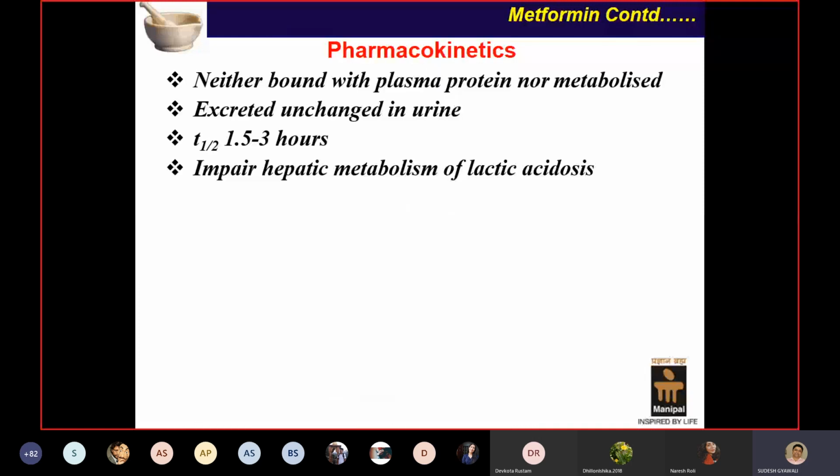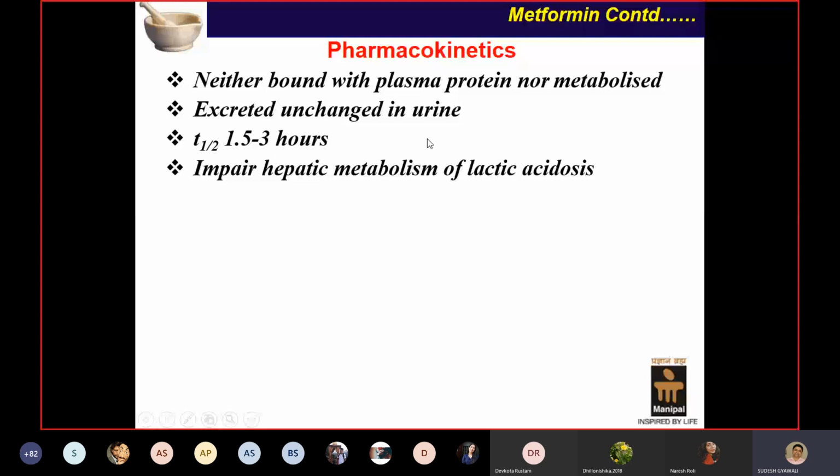Pharmacokinetics: it is neither bound to plasma protein nor metabolized, and is excreted unchanged in urine. Half-life is 1.5 to 3 hours. It can impair glucose metabolism, causing lactic acidosis. Now, in giving metformin, what you have to consider more is the kidney function.